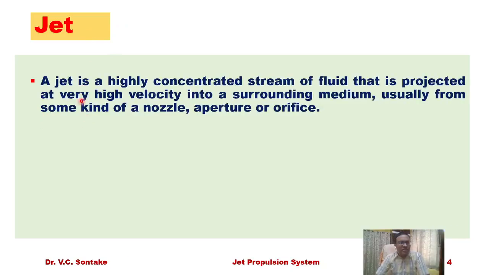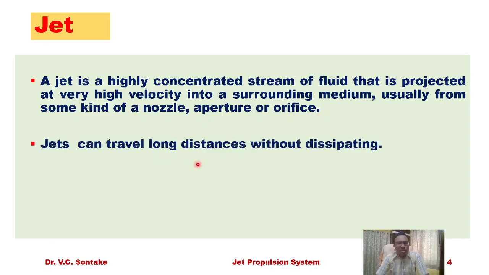A jet is a highly concentrated stream of fluid that is projected at very high velocity into a surrounding medium, usually from some kind of nozzle, aperture, orifice or very small hole. That is called a jet.